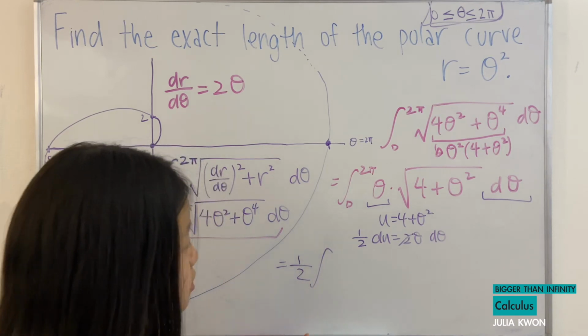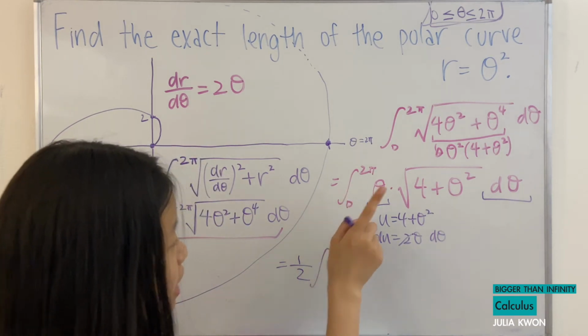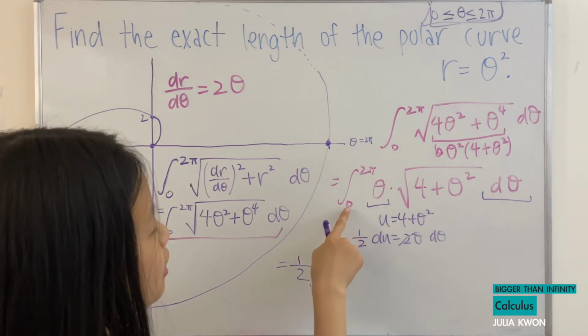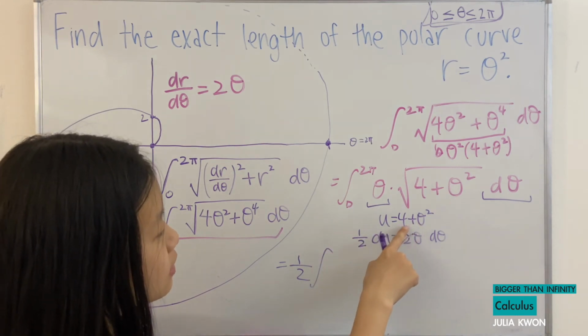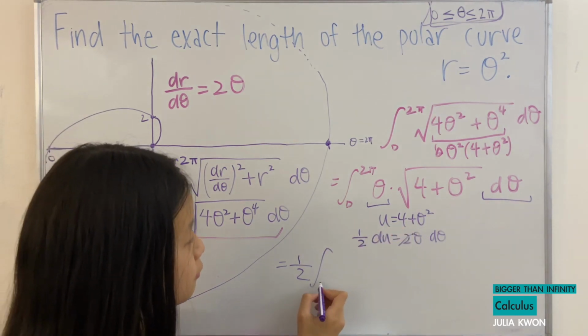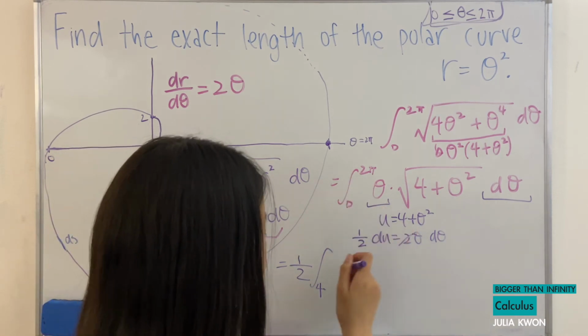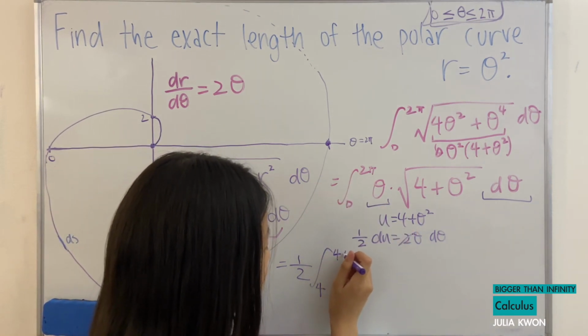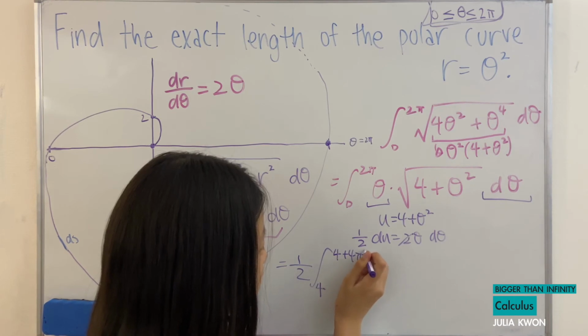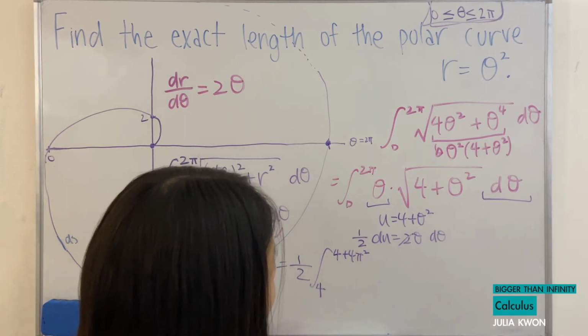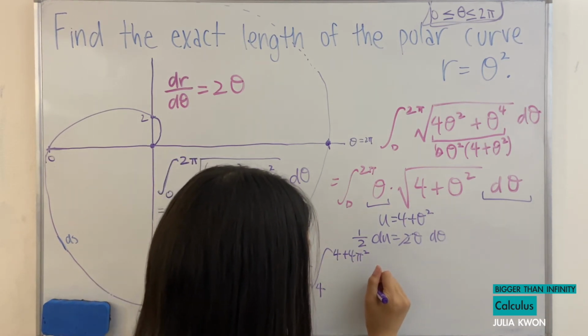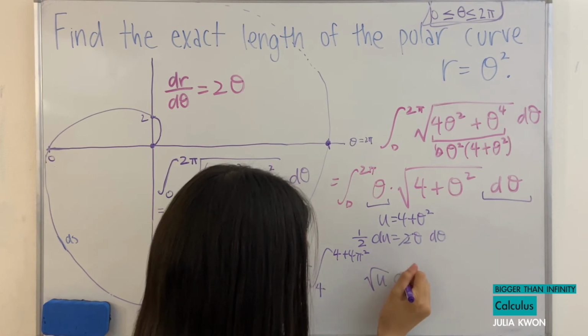Multiply that by the integral of, we'll also have new limits, right? If we put in 0 for theta here, we have u equal to 4. If we put in theta equal to 2 pi, we have 4 plus 4 times pi to the power of 2. Then we have just the square root of u left.